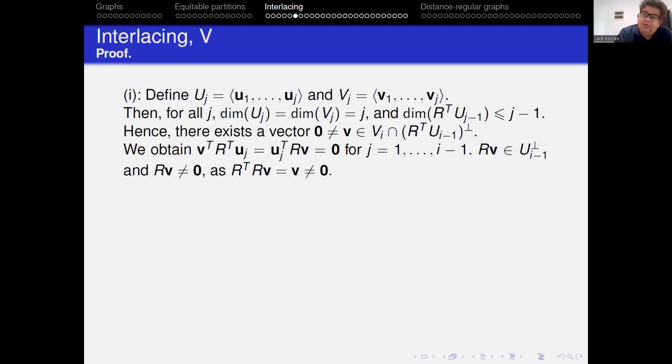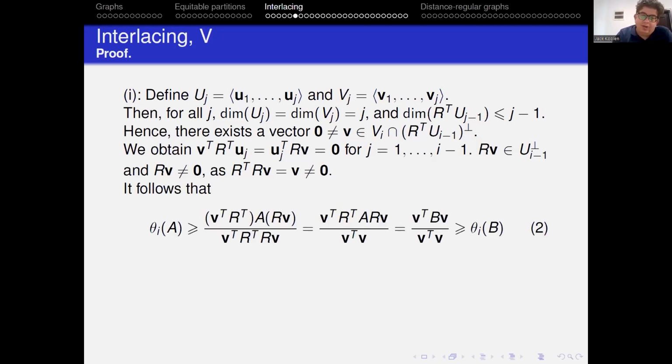So if this was 0, then v should be 0. And it follows then by the Rayleigh inequalities that theta i of A is greater or equal to theta i of B.